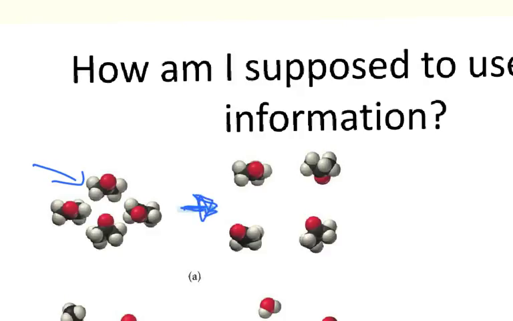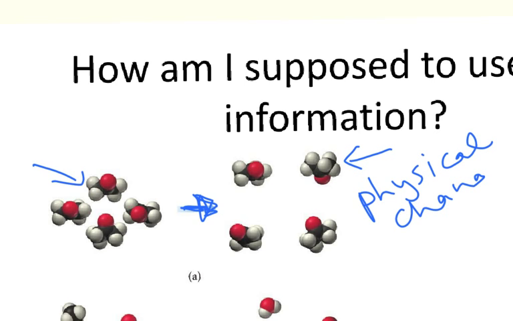As a result of this change, we still have these four molecules, and they are still the same. They have the same chemical composition, but they're just spread farther out. So I would describe this as a physical change. We have a pure substance on each side, and the pure substance is a compound.